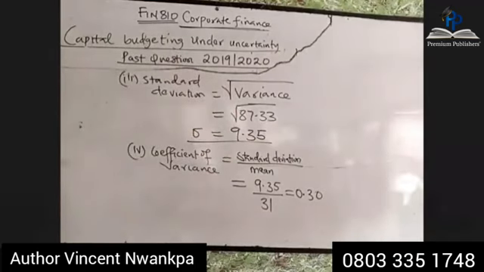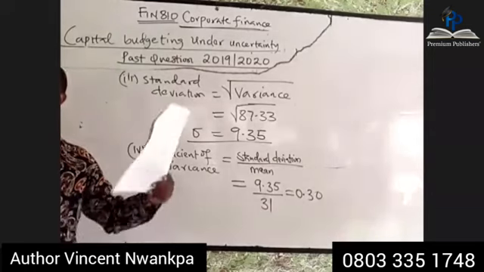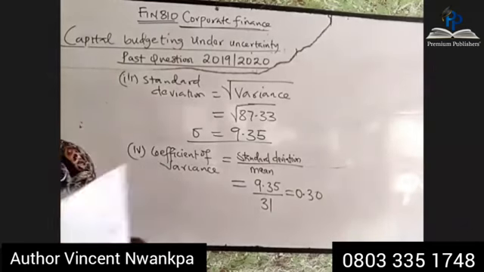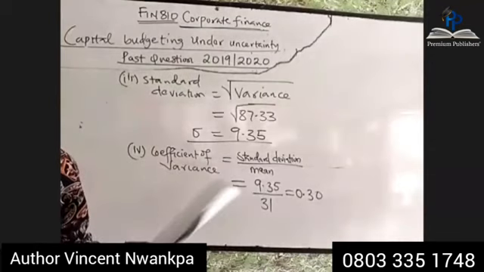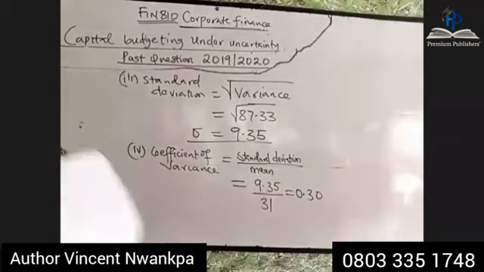I hope you heard that. So we are going to use only the risk-free rate, which is the treasury bill. The remaining two are not used. Anything risk-free means treasury bill, because treasury bill is risk-free. As far as Nigeria exists, there is no risk involved in the interest on treasury bill.